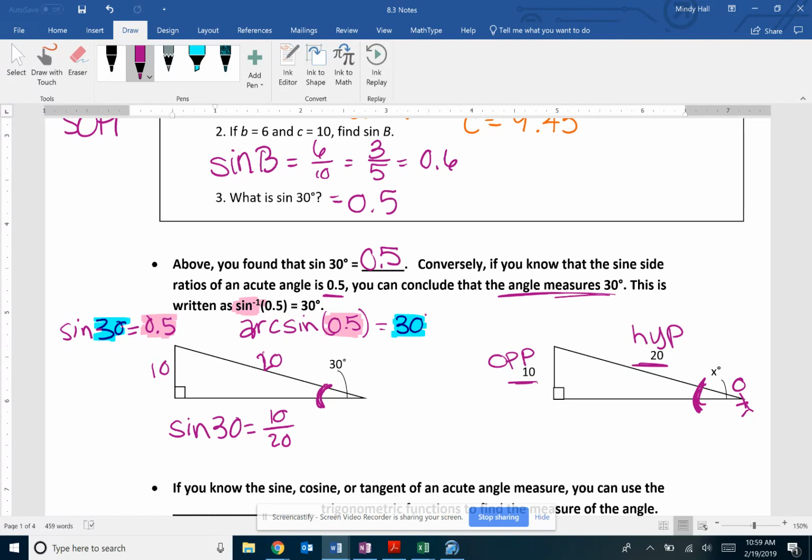Because it's opposite and hypotenuse, I know that that is sine. But because this is my unknown, I'm going to use arcsine, or the inverse of sine, of 10 over 20, which equals my x degrees, which would just be 30.